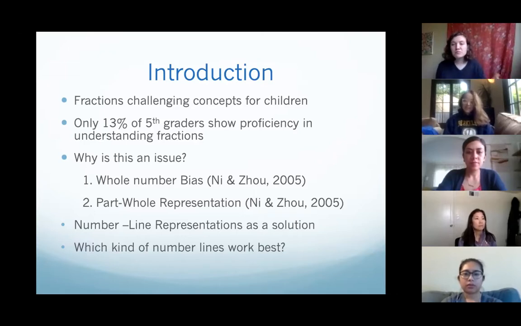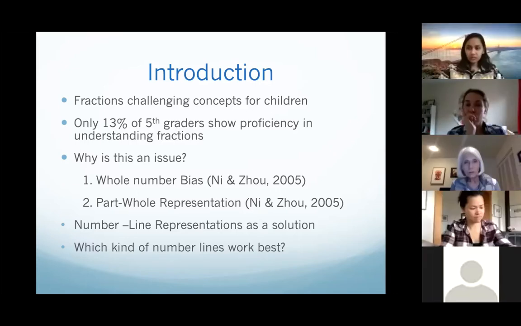The other reason is the part-whole representation, which is predominantly used in classrooms to understand fractions. Even though it's considered a good representation, there are issues with it, for example, its inability to show negative numbers.